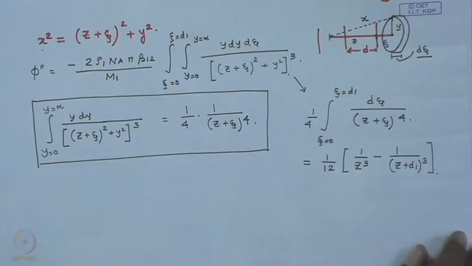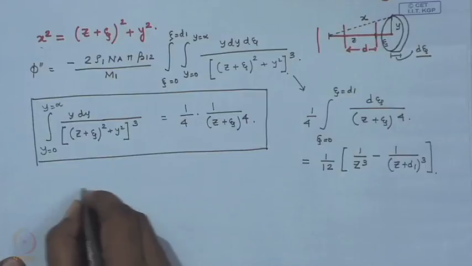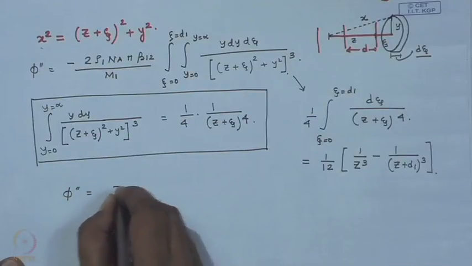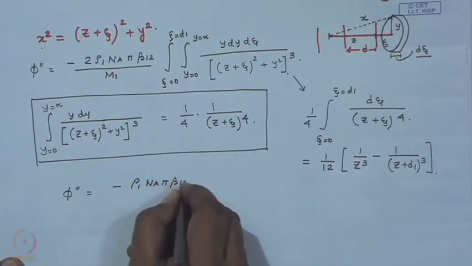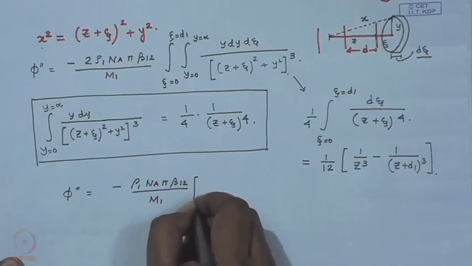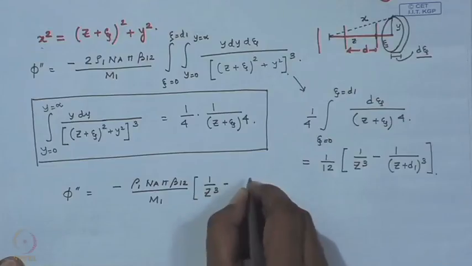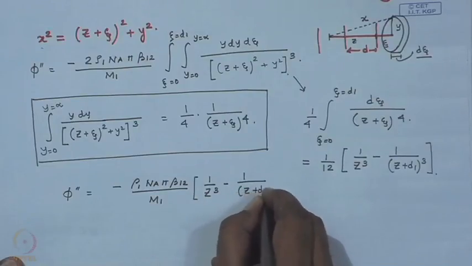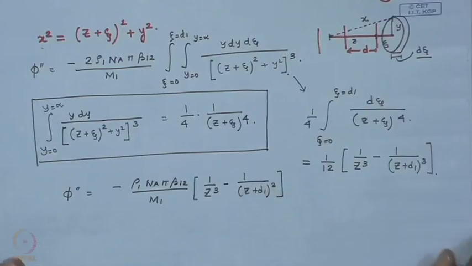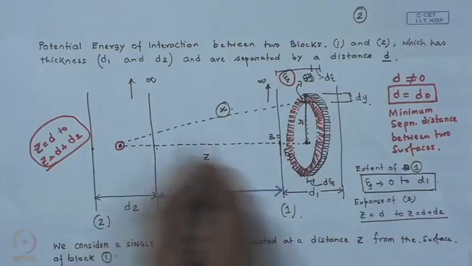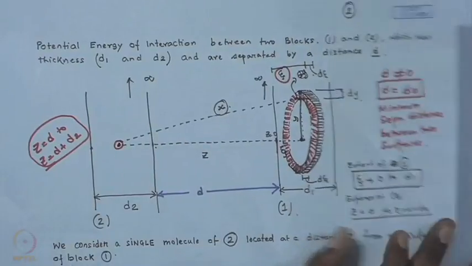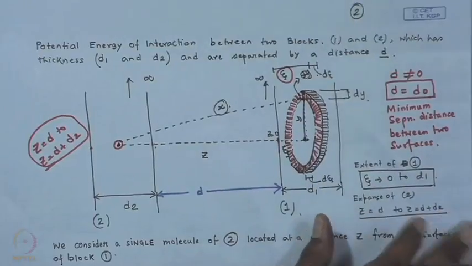So, this is the integral. So, the potential energy of interaction between one single molecule of block 2 residing at a distance z from the surface, and all the molecules present within the block 1, which stretches up to infinity in this particular direction.